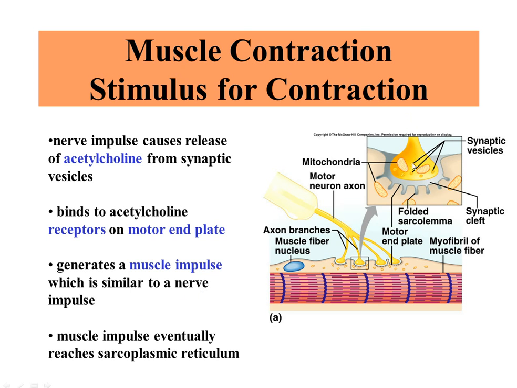So the nerve impulse happens on this nerve fiber, and then the muscle impulse happens on the sarcolemma. It is all due to the change of the positive and negative location of ions or chemicals found on the surfaces of the nerve fiber and of the sarcolemma. The muscle impulse eventually reaches the sarcoplasmic reticulum.